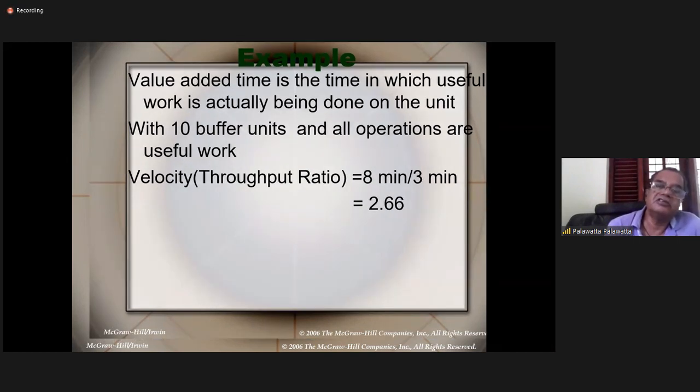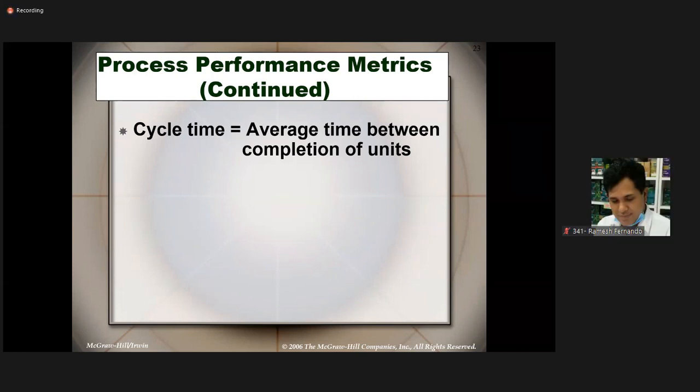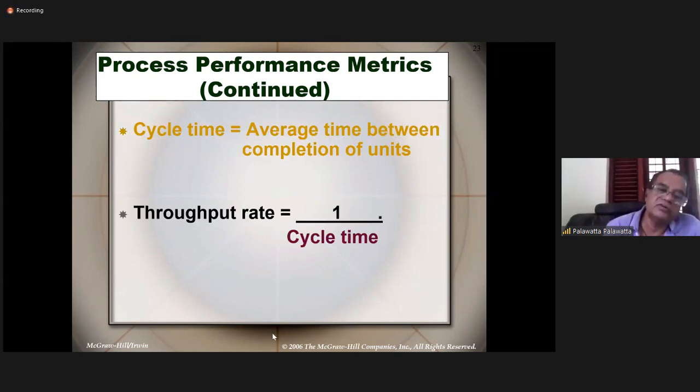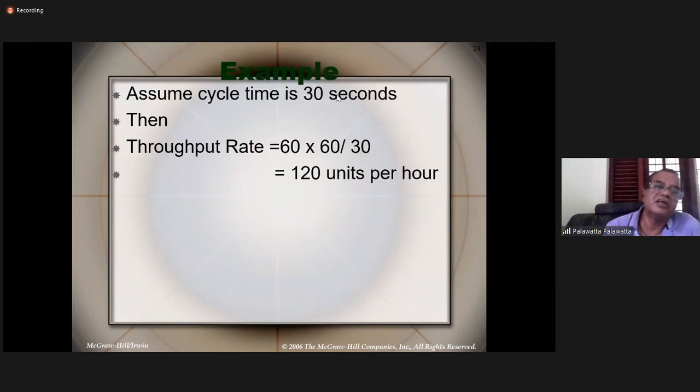Cycle time is the average time between completion of units. We discussed that earlier also. Throughput rate equals 1 divided by cycle time. Efficiency equals actual output divided by standard output. Let's assume the cycle time is 30 seconds.